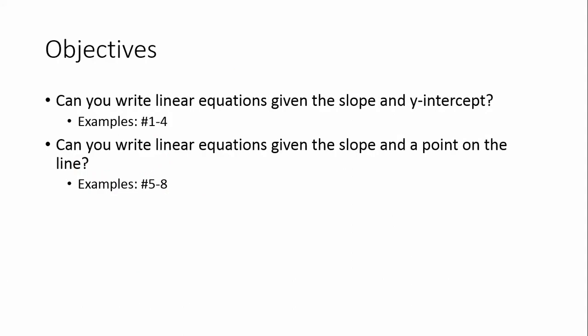So if we go back to the objectives, could you write linear equations given slope and y-intercept? And that's when we used slope-intercept form, examples 1 through 4. And can you write linear equations now given the slope and a point on the line? This is where we used point-slope form. This is probably the first time you've been introduced to point-slope form, but notice the names of the equations and the information obtained in them.